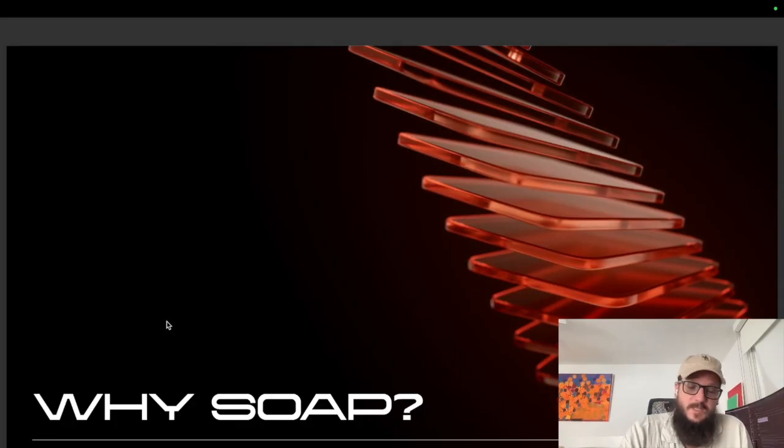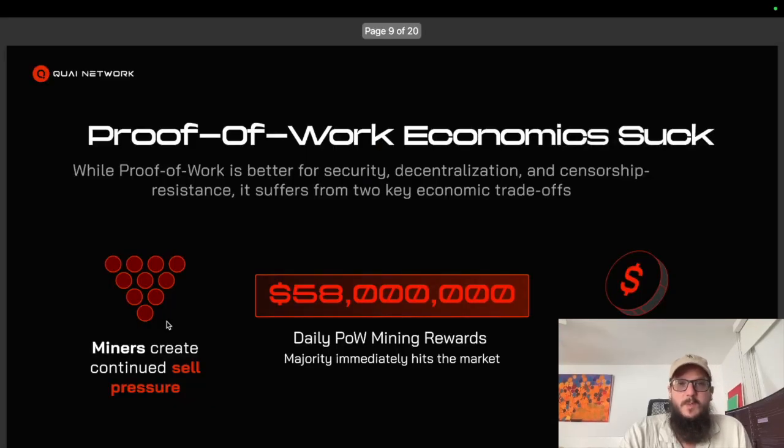So SOAP is Subsidy Open Market Acquisition Program. The reason that we're doing it is because the economics of proof of work fundamentally suck. While proof of work is better from a security, decentralization and censorship resistance perspective, it suffers from the fact that miners are putting in real resources, which then cause them to sell to cover those resource inputs every day.